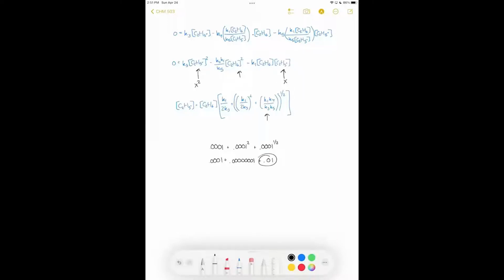So clearly this is far and away the biggest term and the only one that's going to matter overall. So with that, we can say that this whole thing is approximately simply the square root of K1 K4 over K3 K5 times the concentration of C2H6.